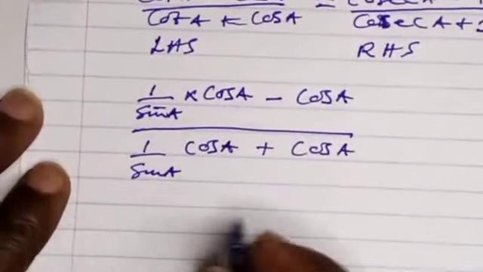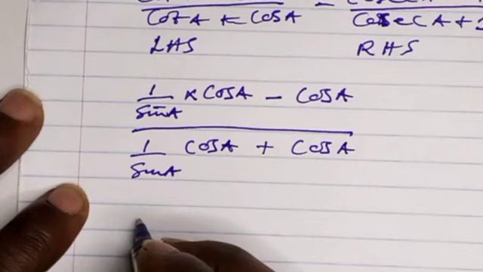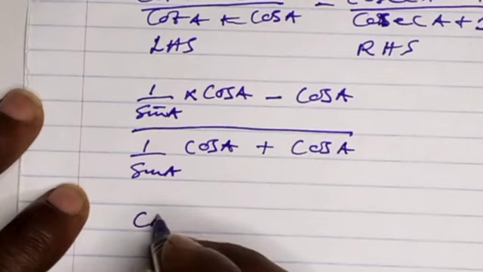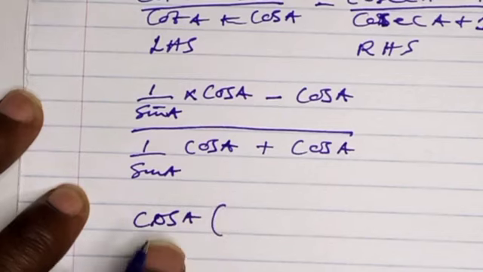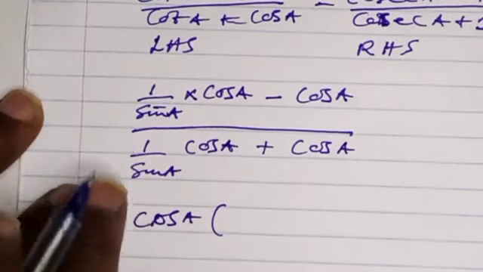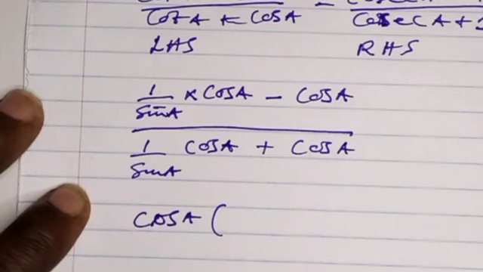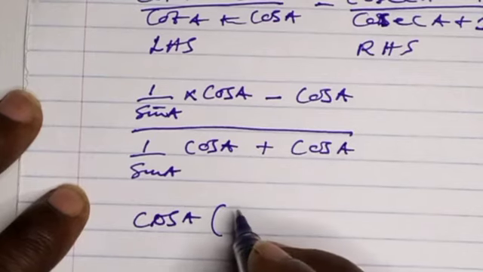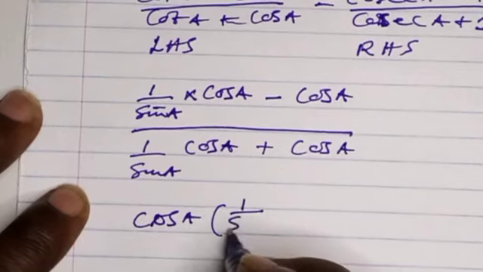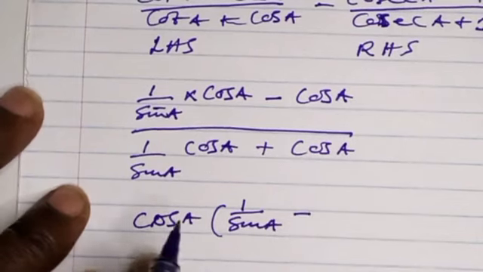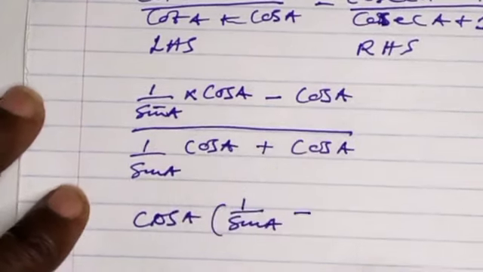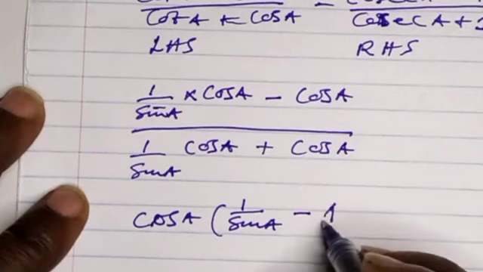It is cos A outside. Then cos A into 1 over sine A, we are going to remain with the 1 over sine A, minus 1.